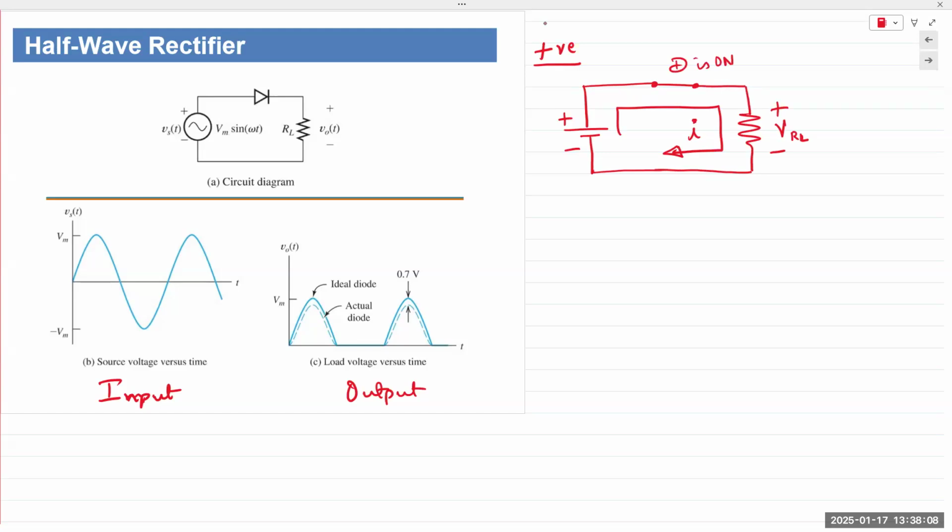So VRL is going to follow V in, or the shape of V in. If V in is 0.1 volt, V out is 0.1. If V in is 1 volt, V out or VRL is 1 volt. So I would get the ideal diode output.